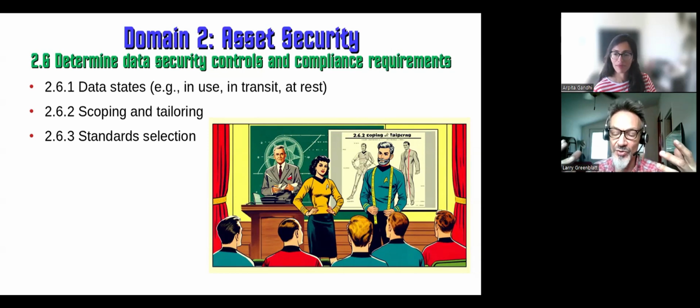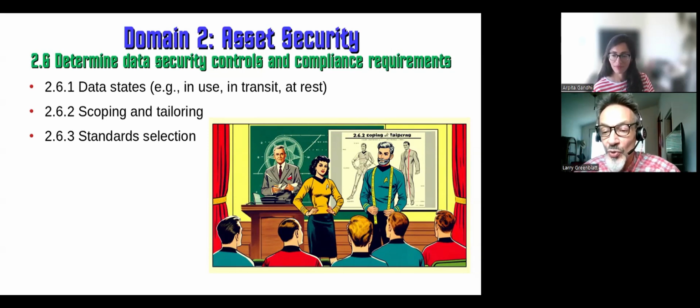So when you pick a standard, you have to make sure that that standard fits you. You know, I have a waistline of, whatever, 128 bits. My neck size needs to be 256 bits. I have to set those things. And additionally, a CISSP should be skilled in selecting the appropriate security standards based on the organization's industry, regulatory requirements, and other best practices, such as NIST and the ISO and other organizations.